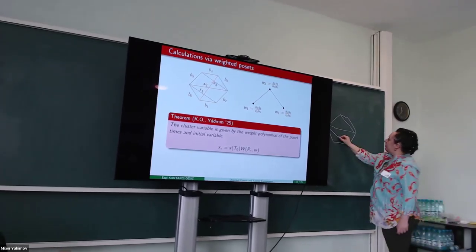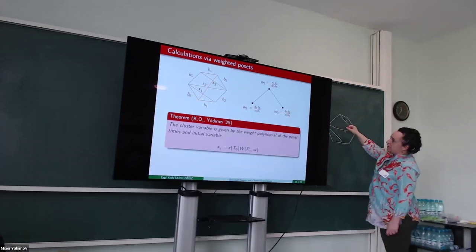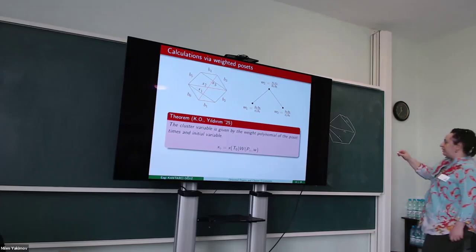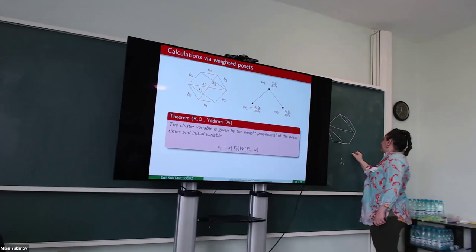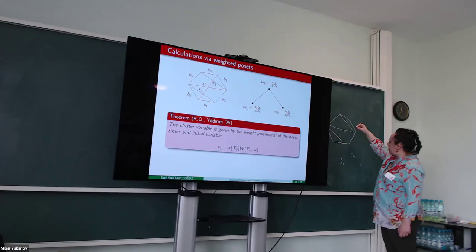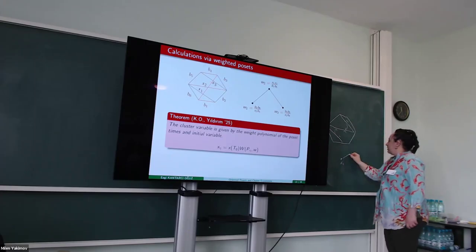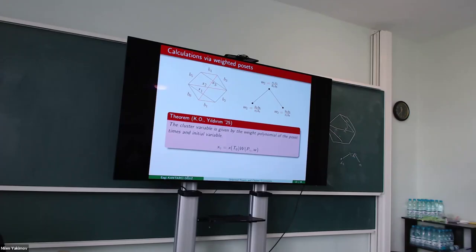If these are the first ones, x1, x2, and x3, you pick a direction to orient inner triangles. So you can pick clockwise. And add arrows. And you get a poset.